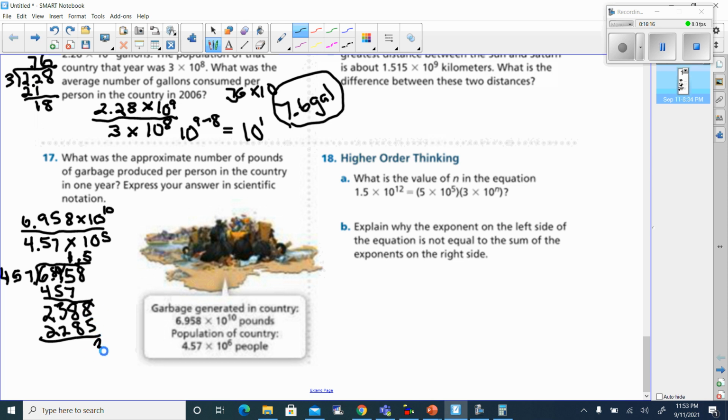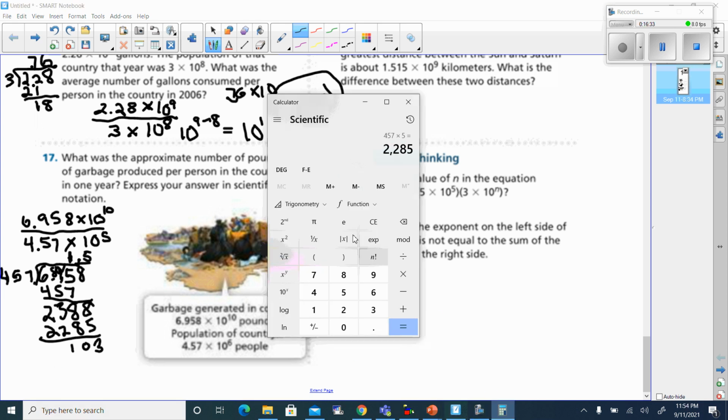This should be 3, and then 0, and then 103. Okay. I'm going to try to just take one more shortcut and just say 6.958 and divide it by 4.57. Wow, we're getting a really big number here.